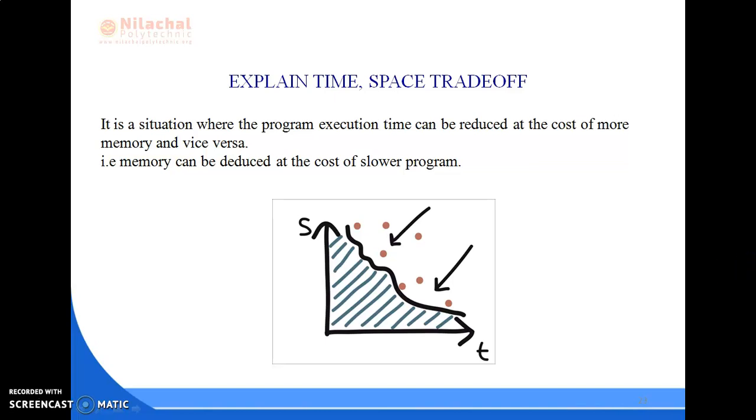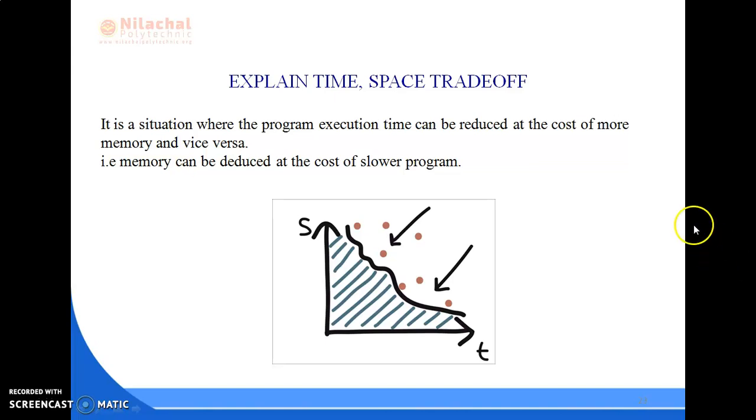That is, for getting an efficient program, either we can increase the execution time but at the other end reduce the memory space, or we can increase the memory space but reduce the execution time, that is, the time complexity of the algorithm.